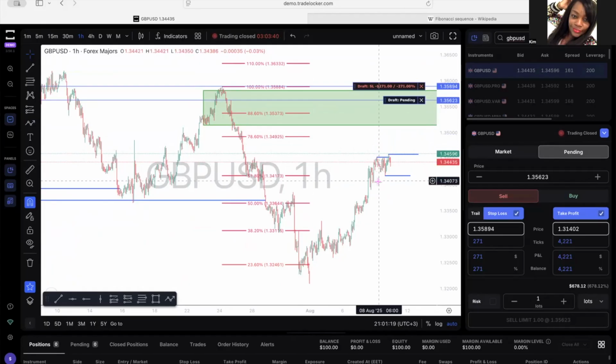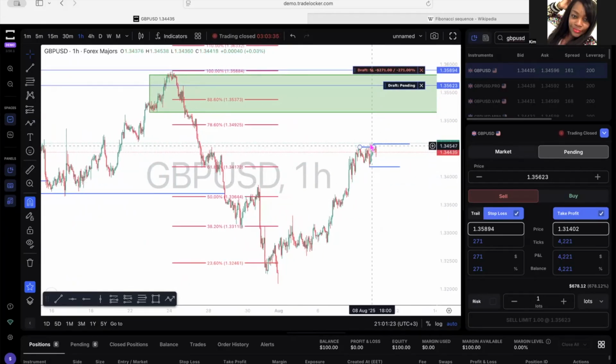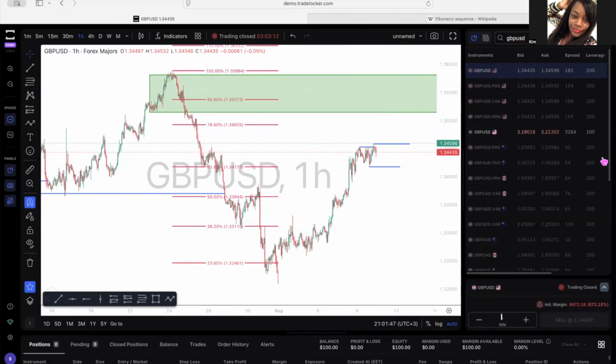And why do I want it to go up? Because I want it to go to a 78 or 88. I want it to come back to this zone and then shift structure. So I'm okay with it buying up. So whenever we get the confirmation, then that's what I'll call.